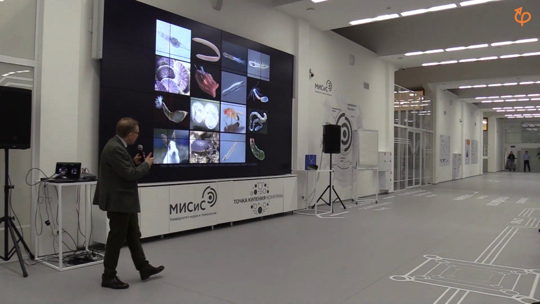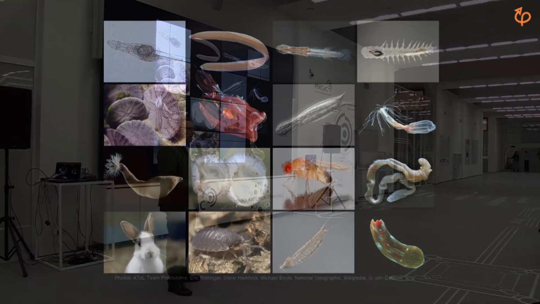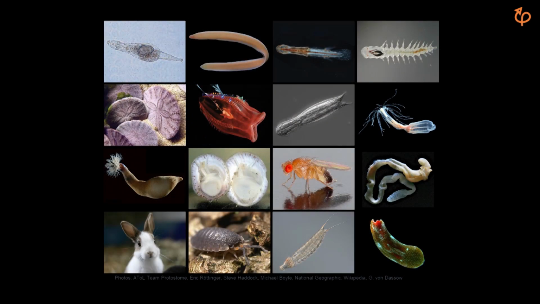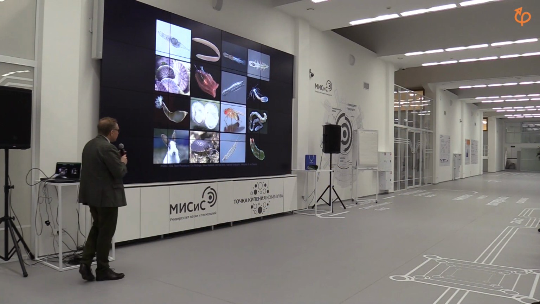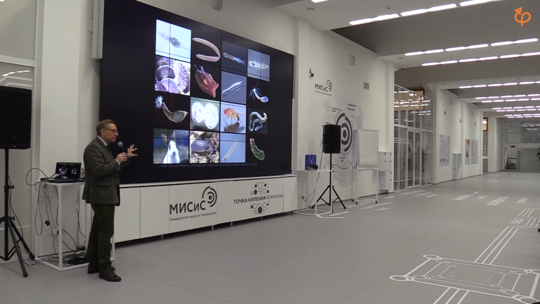And here again, the diversity of animals. And now I will give you a little bit of insight into how animals develop, right? They go through specific steps. And here in the next slide, you see developmental stages, so embryos of these animals.